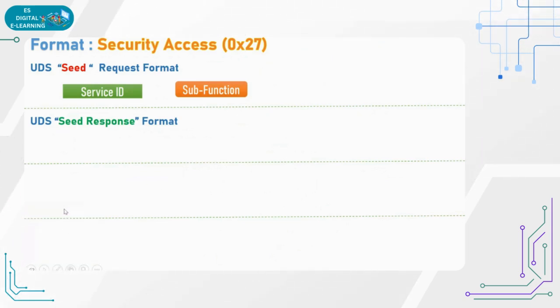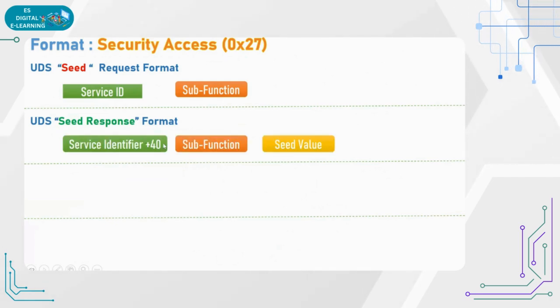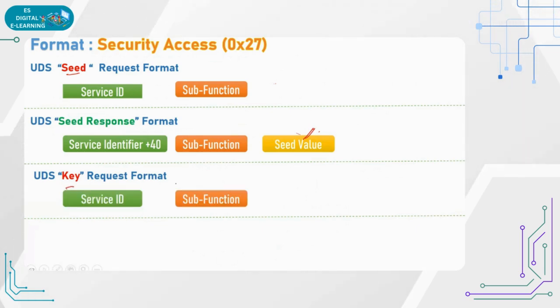Now what is the response? It will follow service ID plus 40, sub function and seed value. After sending the request, I will get the seed value. After getting the seed, I send the key. I send the service ID plus sub function and the valid key.